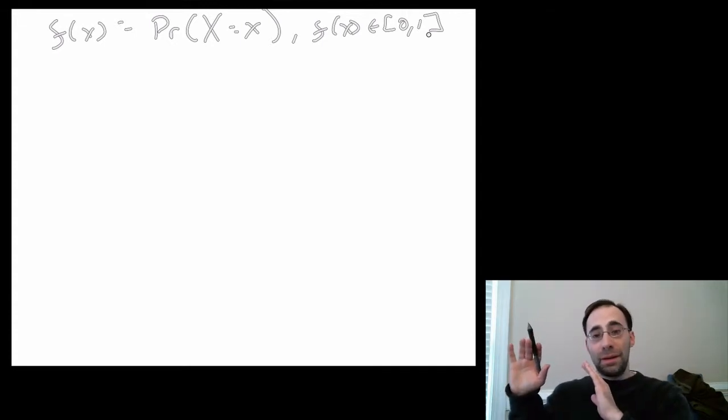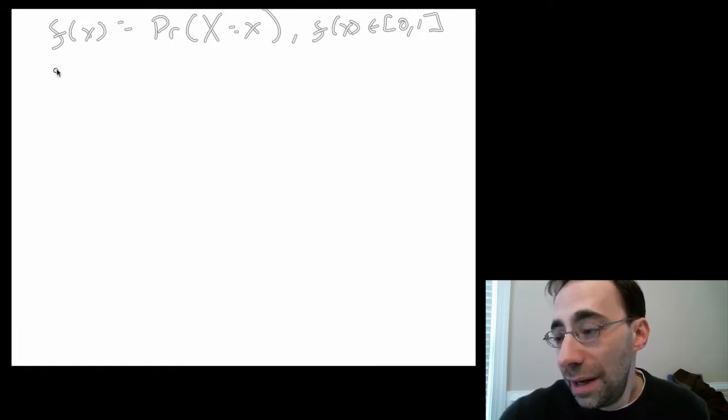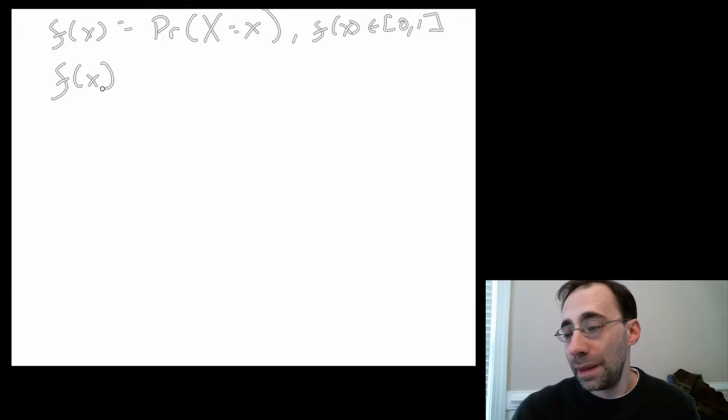Instead, what we're going to do is figure out a way to represent these relative likelihoods. Formally, part of it is easy. The PDF is another function of the random variable that's going to give you the relative likelihoods. The difference is, to connect it to probabilities, it takes a little more effort.